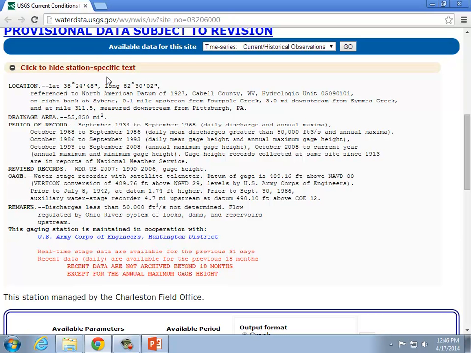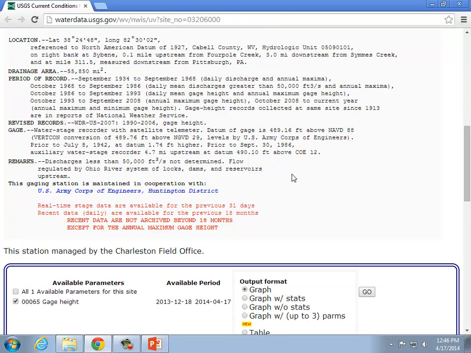So that's how much land drains into the river as of Huntington, West Virginia. Some other interesting things: you can see that they've been gathering data there from 1934 to present, so there's a good historical record over time. It tells you the elevation of the stream gauge and some other information about how there's flow regulation through locks and dams.